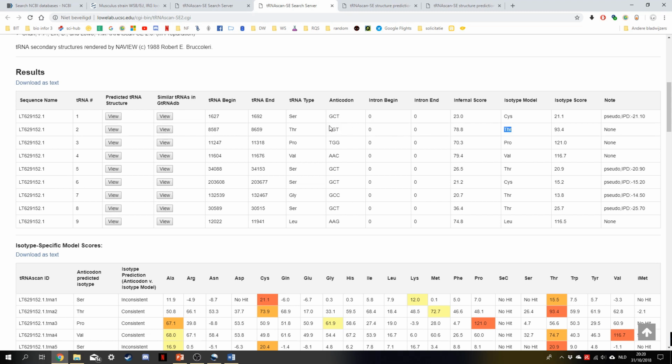So in both cases we can see that the amino acid here and here is the same, which indicates that this is a true tRNA and not a chimeric tRNA, because if it would be a chimeric tRNA with a 1-point mutation in the anticodon, then the isotype detection method using the secondary structure could potentially show a different amino acid, while the isotype score detection method wouldn't respond to the 1-point mutation.